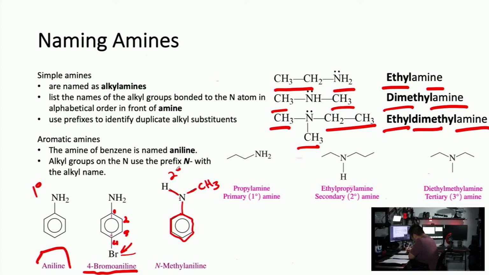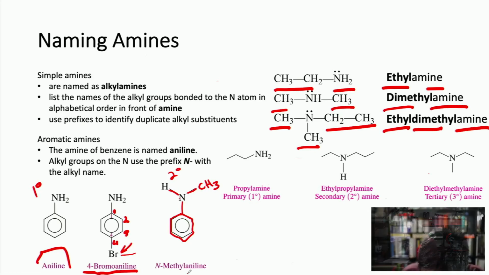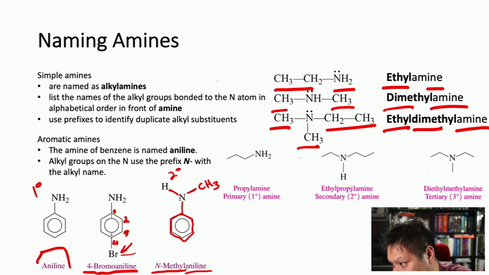And since we already know that it's part aniline, we can say it's an aniline. And to denote that there's a methyl group connected to the nitrogen, that's why we put an N there. So it's N-methylaniline. That's the only time it gets a little bit different, when there's a substituent group connected to the nitrogen of an amine.